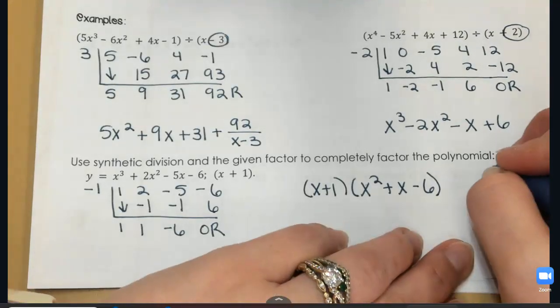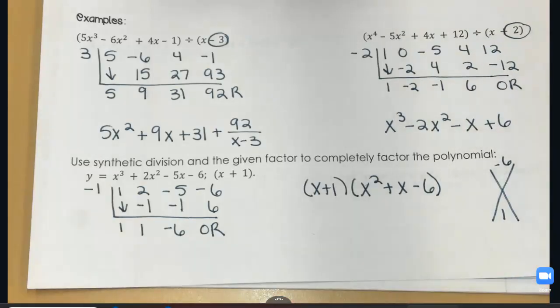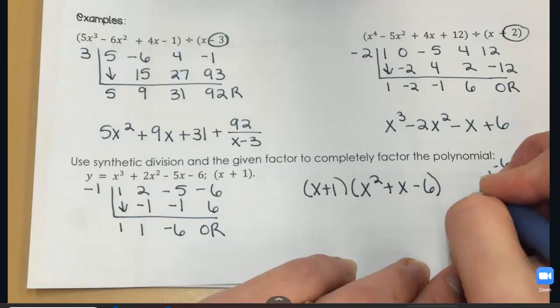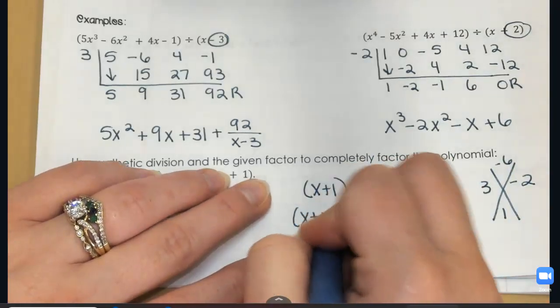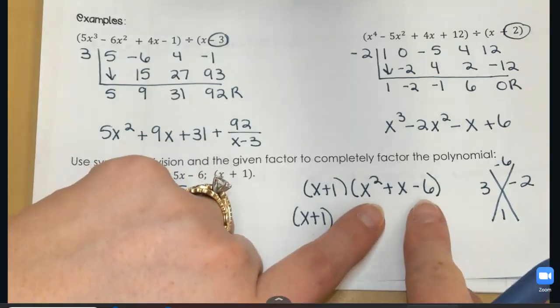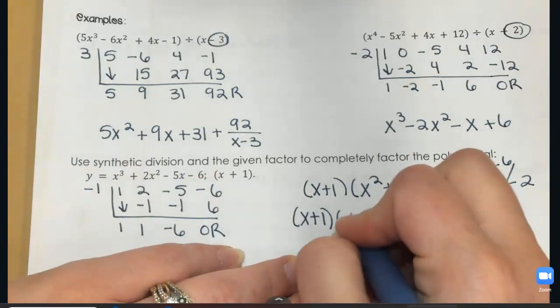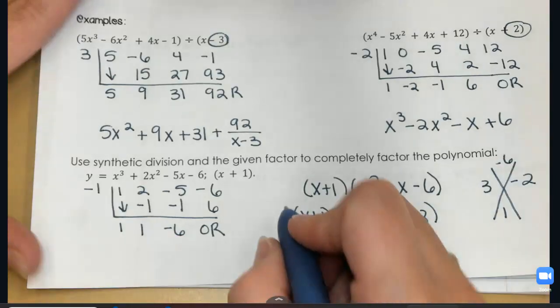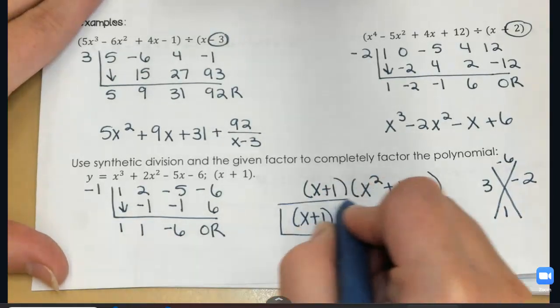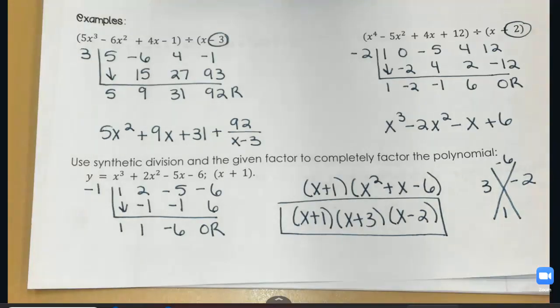So -6 would go in the top, +1 would go in the bottom. My two magic numbers that multiply to -6 and add to 1 are 3 and -2. So that x plus 1 that we took out originally stays in the front, and now this can expand out into x plus 3 and x minus 2, and now we have completely factored that polynomial.